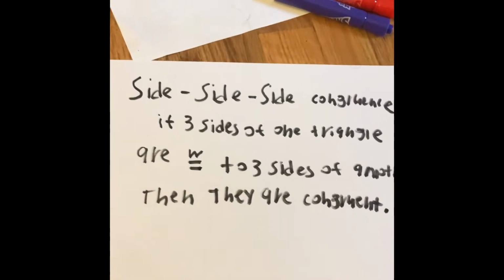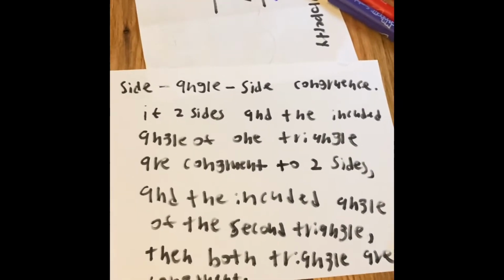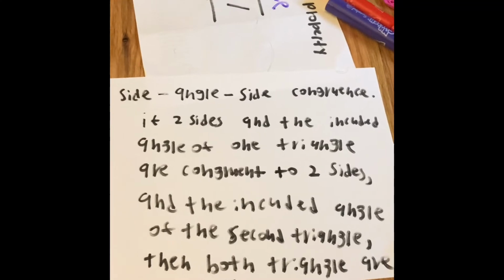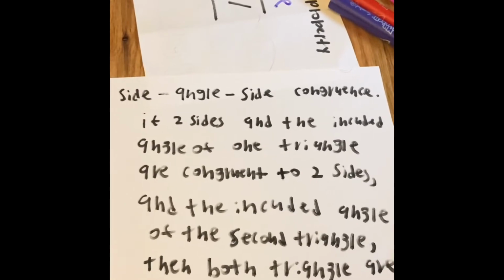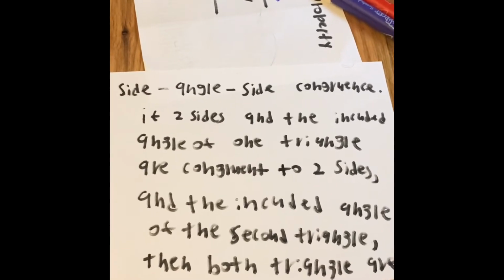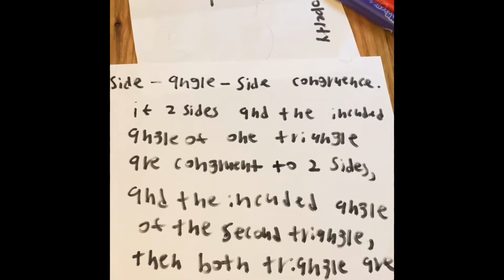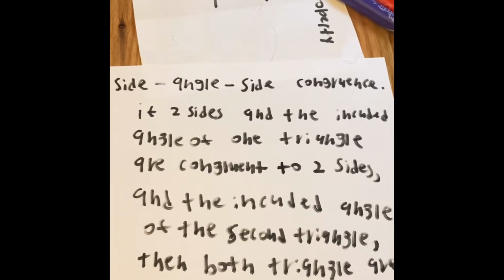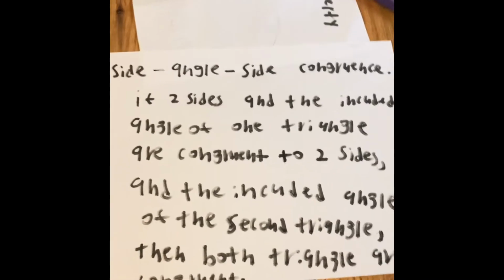Imagine if we had side, angle, side. In this case, side, angle, side means if 2 sides and the included angle of one triangle are congruent to 2 sides and the included angle of the second triangle, then both triangles are congruent.